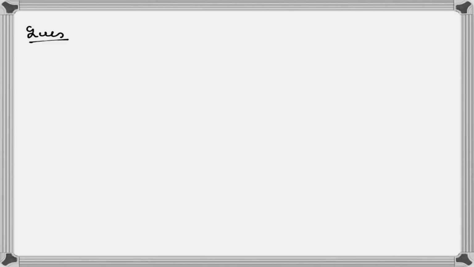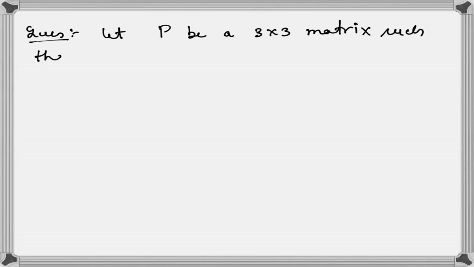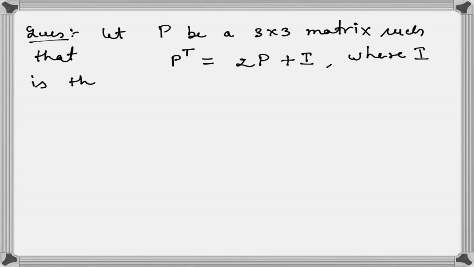Question: let P be a 3 cross 3 matrix such that P transpose is equal to 2P plus I, where I is the 3 cross 3 identity matrix.